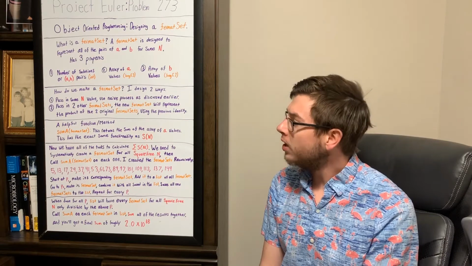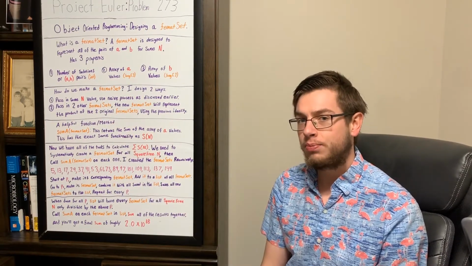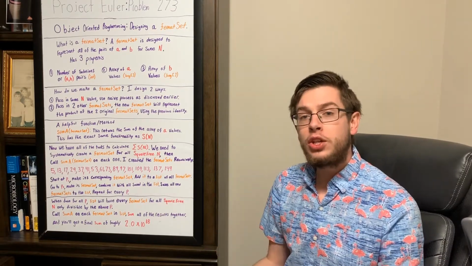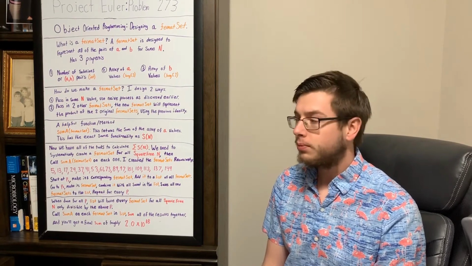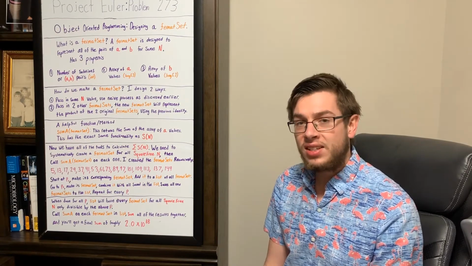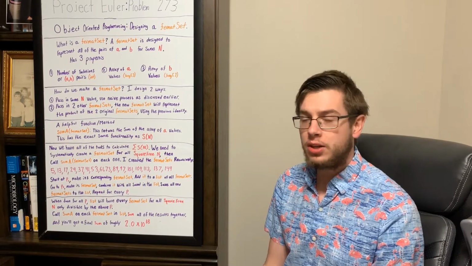The other way to make a Fermat set is used for those larger numbers. Specifically, what I do is I can pass in two other Fermat sets, and the result will be a Fermat set representing the product of the original two Fermat sets. It does this by using the previous identity to determine all of the A and B values for the new Fermat set.